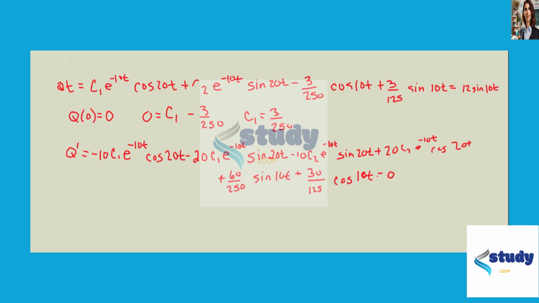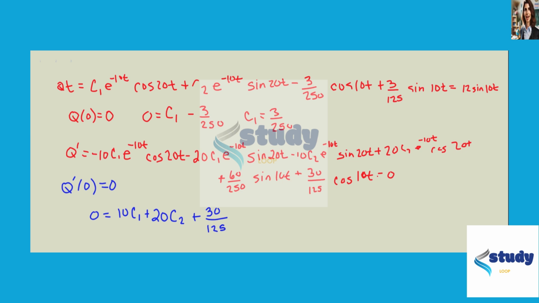equals 0. So now using Q prime of 0 equals 0, when I plug that in, I get 0 equals 10 times C1 plus 20 times C2 plus 30 over 125.